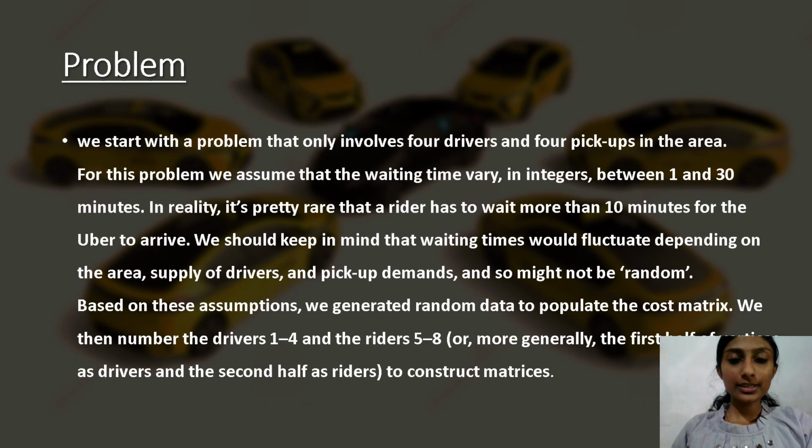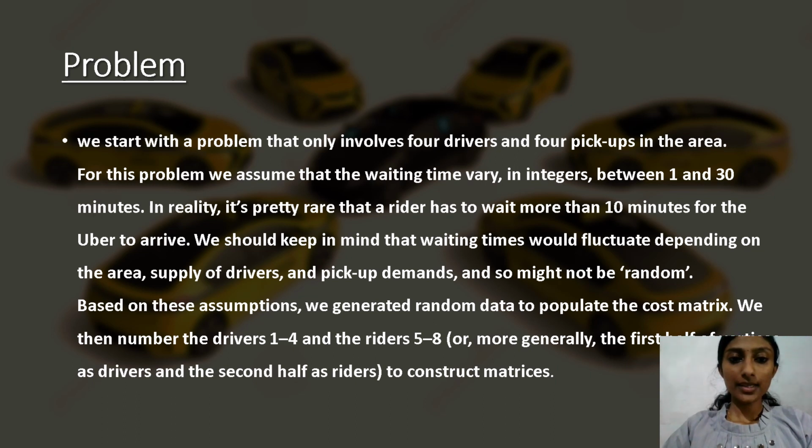So in Uber, there are a number of riders and drivers available. Each driver must be assigned to each rider. The rider's waiting time must be very less. So we start with a problem that only involves 4 drivers and 4 pickups in that area.